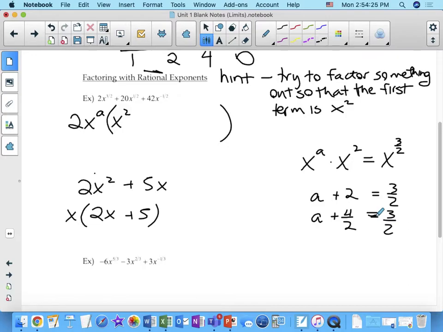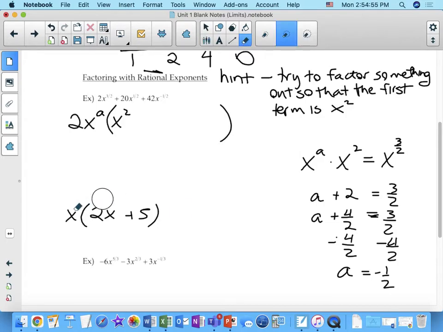Thank you. Okay. Now how do you solve for a? Yep. So 3 over 2 minus 4 over 2 is negative 1/2. Okay.